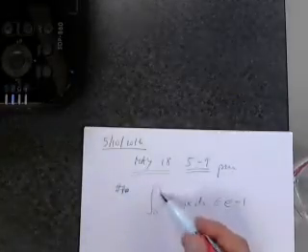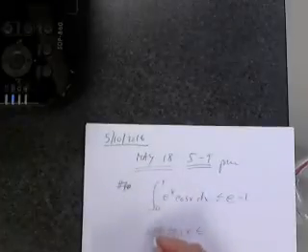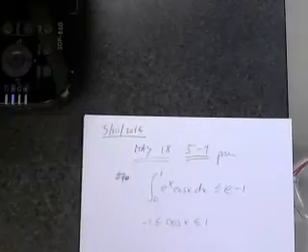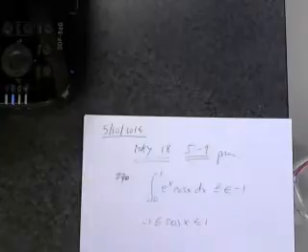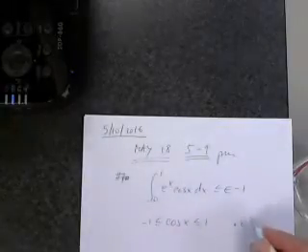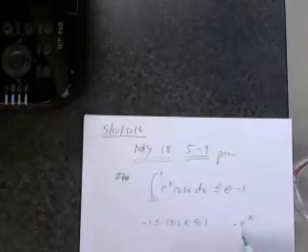For any x, I don't care what x is, cosine is a number between -1 and 1. I'm multiplying by a positive number, which is e to the x, which is an increasing function.